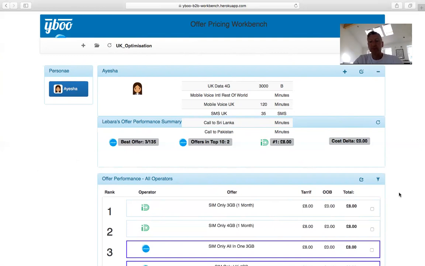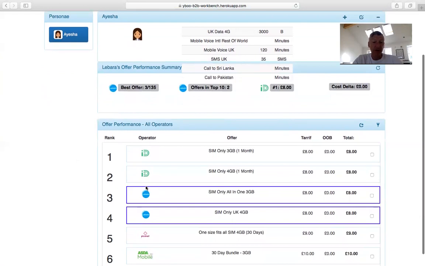So what's interesting, we've taken all the international calling activity out of this user's profile, and guess what? Lebara are still ultra competitive for this user, and actually their cost is benchmarked in the top 4 offers. By the way, the reason that they're ranked equally is random. We deliberately set out when we built Waibu not to favour any operator.